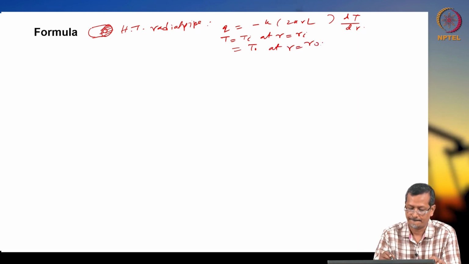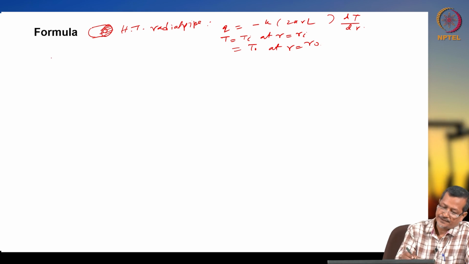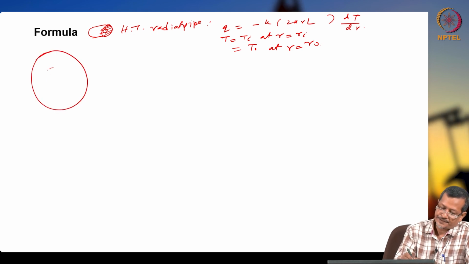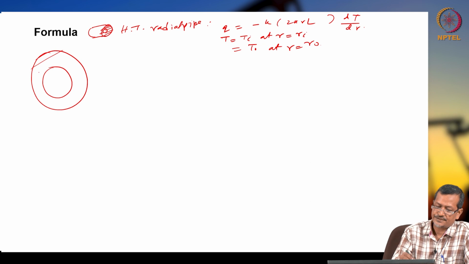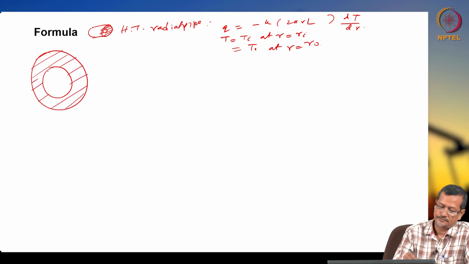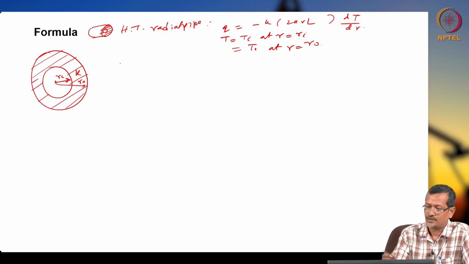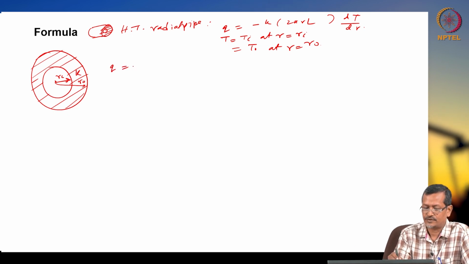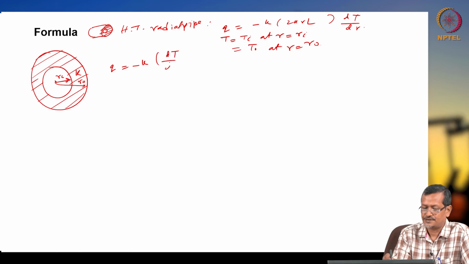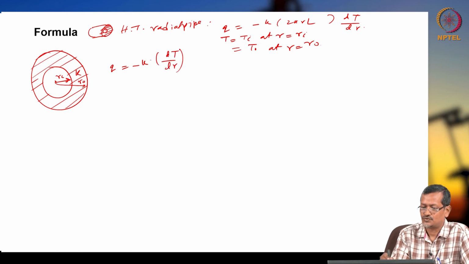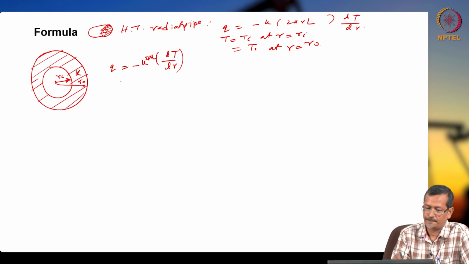Okay. Now if you analyze properly, you take only one phase. This is Ri, Ro radius, this is thermal conductivity K. So Q equals minus K dT by dr 2 pi RL.